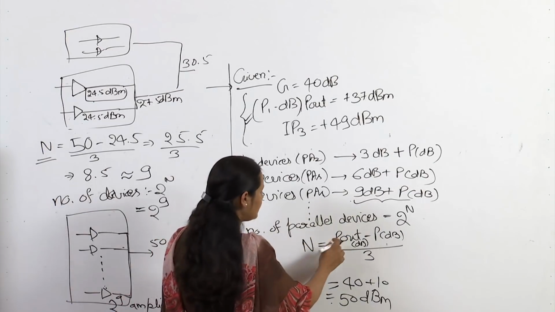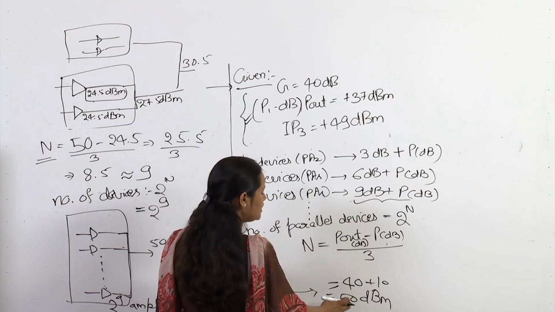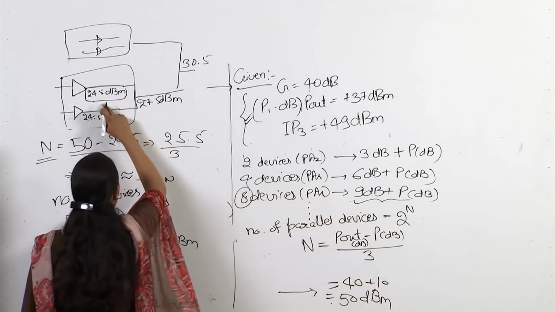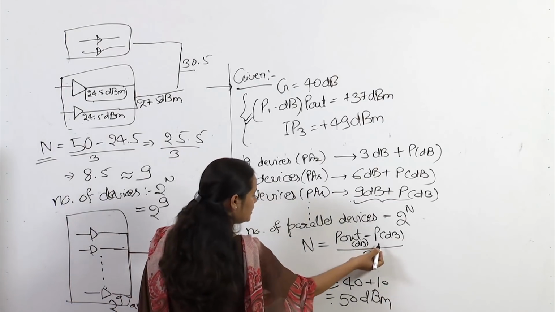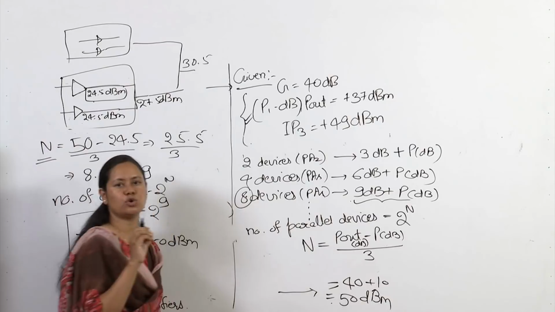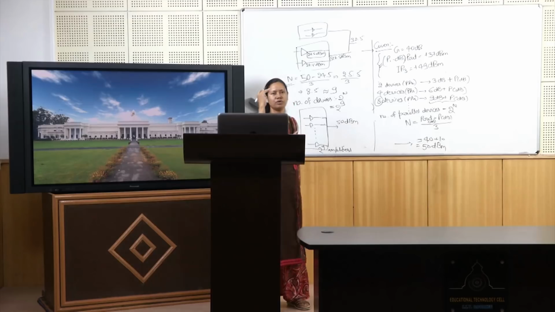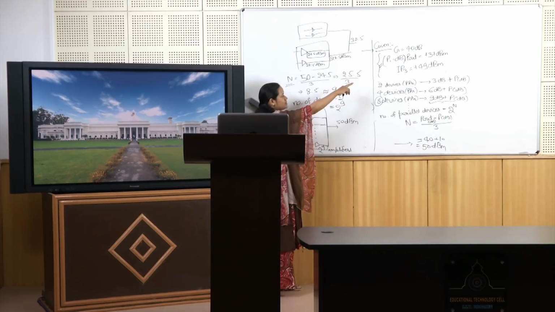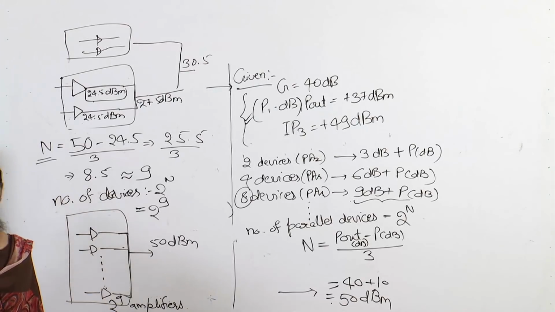For example, our P out we require to be 50, and suppose our P dB at this stage can be 44 here, then it will be 50 minus 44, 6 divided by 3, only 2 to the power 2, 4 devices we have to connect in parallel. So, if you have to do connection in parallel, try to find high P1 dB value devices, so that you have to use a lower number of devices.